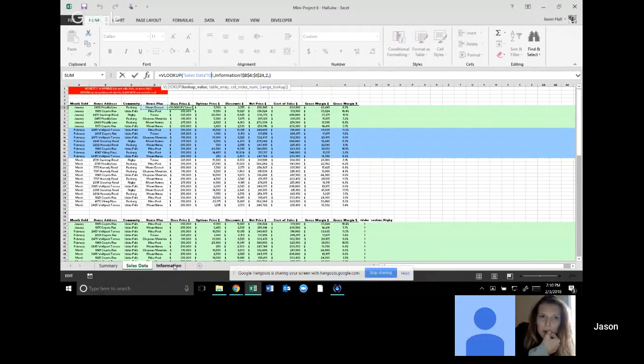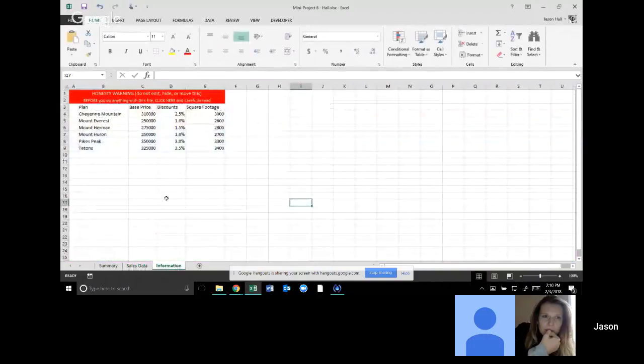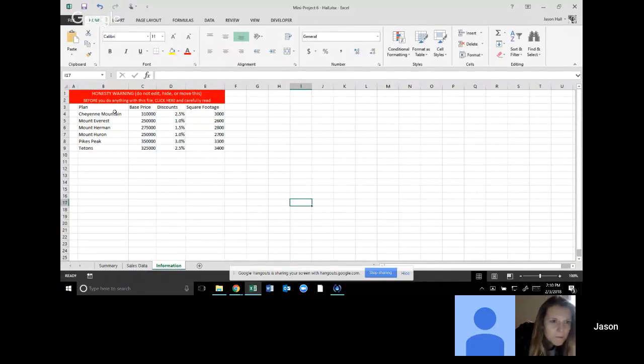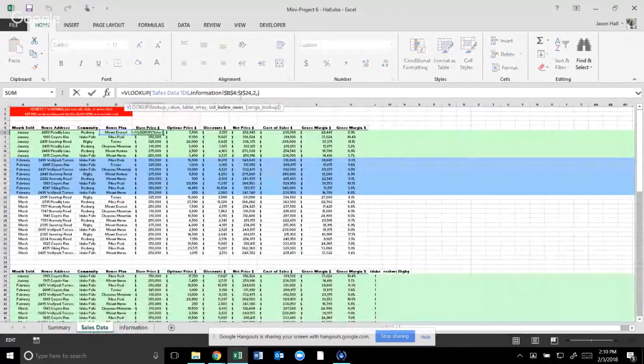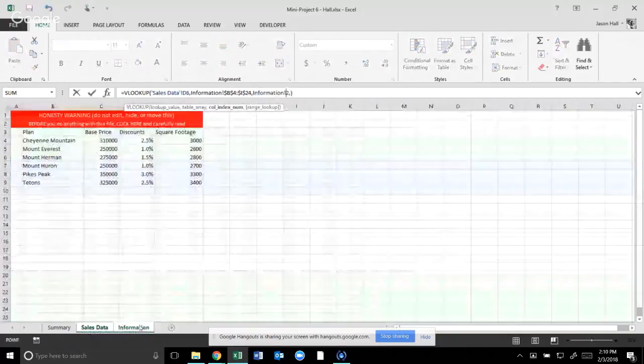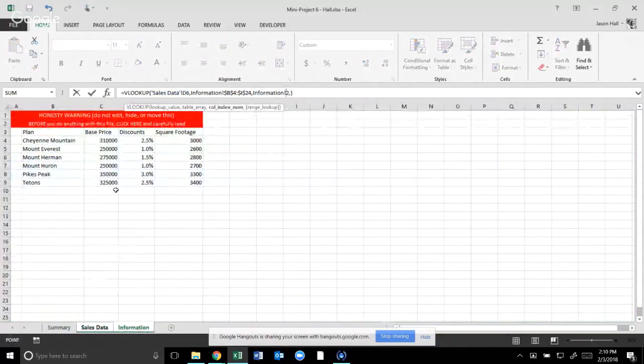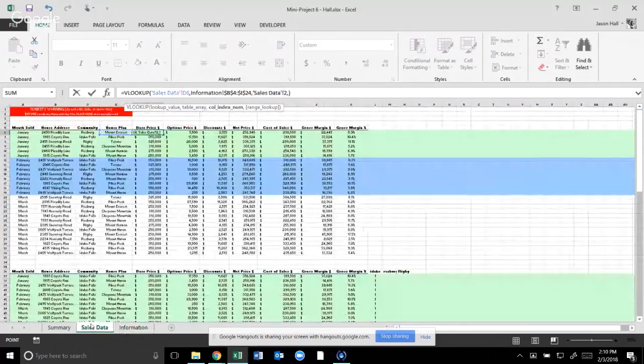And then I would go over to information and highlight all this, making sure the plan's on the left-hand side, remember? Mm-hmm. And then I said focus on column 2, which should be the house plan price right there. Does that make sense? Yeah, so I got that. Okay.